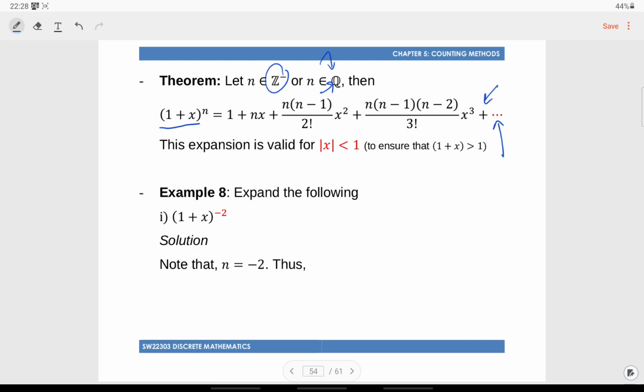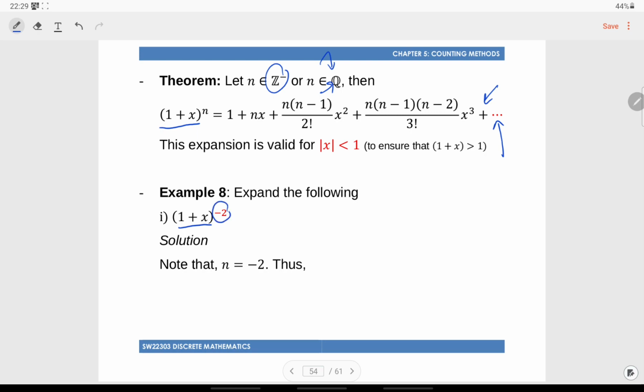Let's see an example. Expand the following: (1 plus x) to the power of -2. The question is easy because the expression inside the parentheses is exactly the same as the original formula, and we only need to take note of the value of n.